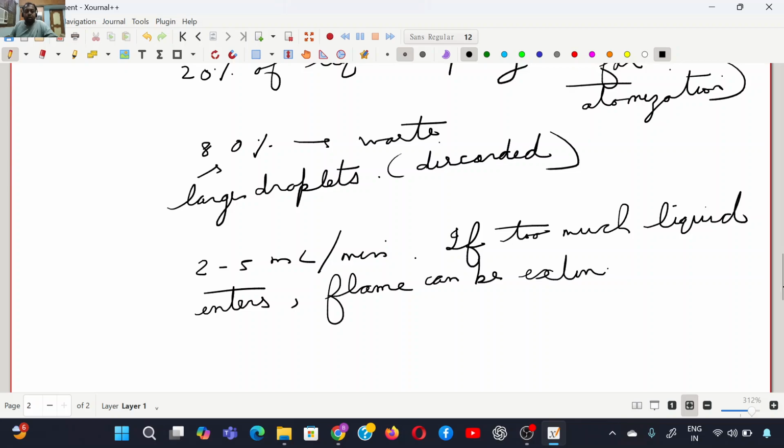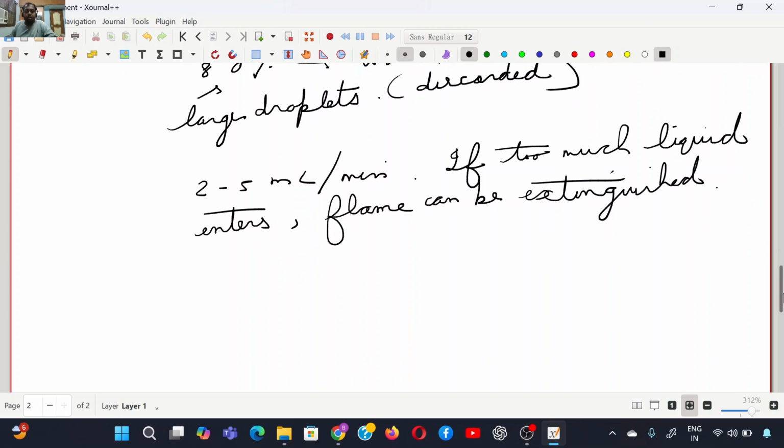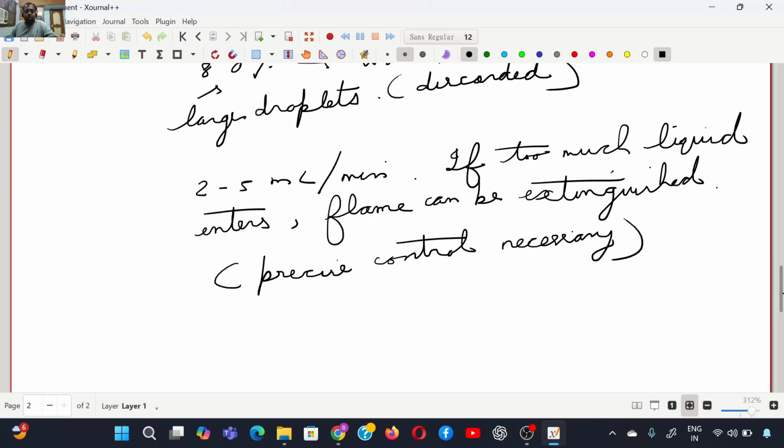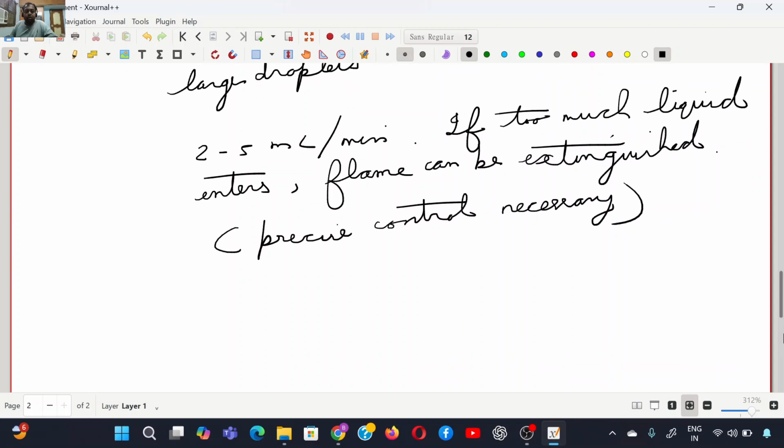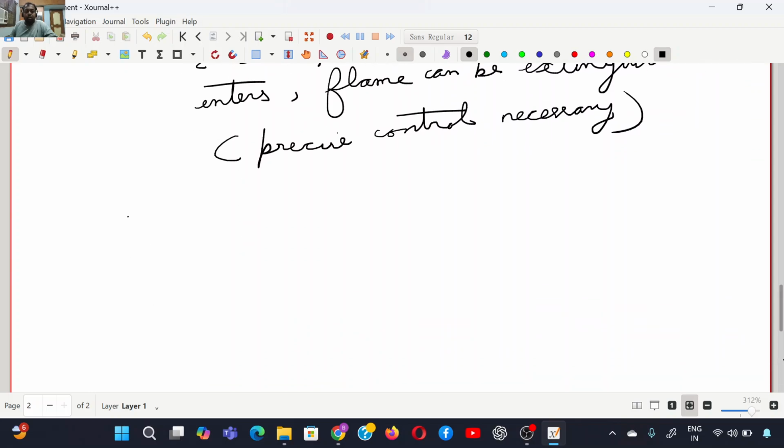So keep that in mind. Precise control is necessary. Okay. So what are the types of burner systems?